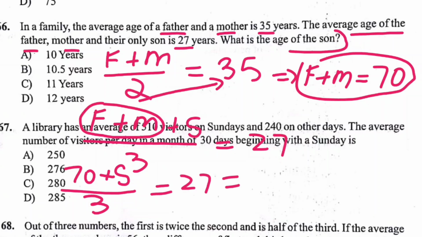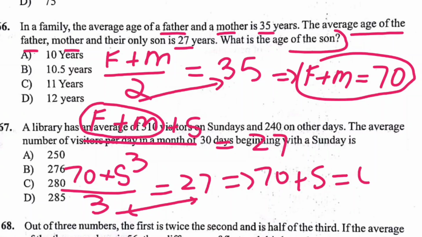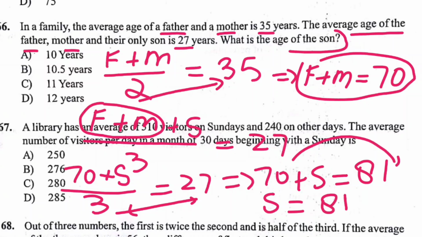Or we can write it like this, 70 plus S is equal to 27 into 3, transposed so it gets multiplied, which is 81. Or S will be equal to, transpose 70 here, it gets subtracted. So we have 81 minus 70, which comes out to be 11. So the age of the son will be equal to 11 years. I hope I am making myself clear.